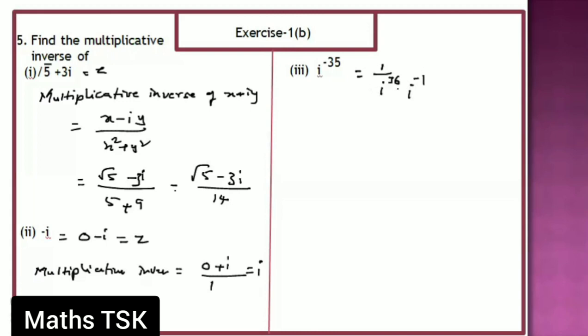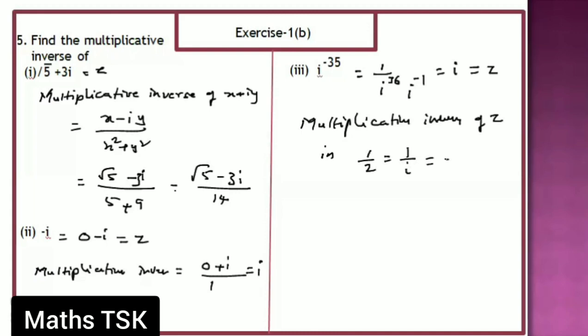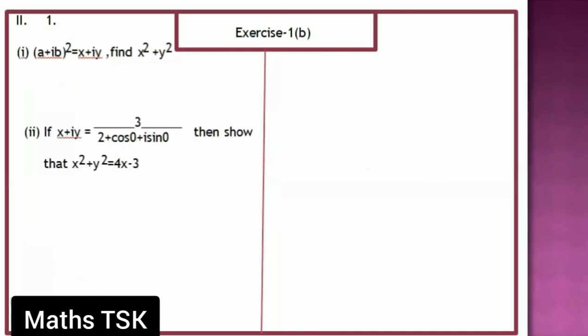So i power 36 is a multiple of 4, this becomes 1. So the answer is i. So I consider this as z. So multiplicative inverse of z is 1 by z, that is 1 by i, which is nothing but minus i. Okay. So we can go for the next problem.